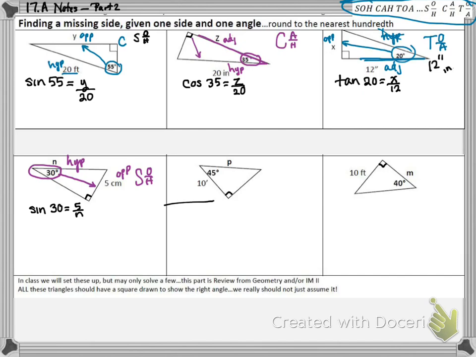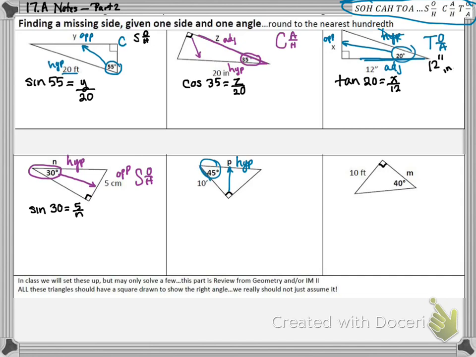Look at the next triangle. The only angle I know is 45. We'll find a better way to deal with 45, 45, 90 triangles later, but that's okay. I have my hypotenuse, the longest side, the side that's opposite from our right angle, and then I have this 10 with a single mark, which means 10 feet. But again, who cares that it's feet?